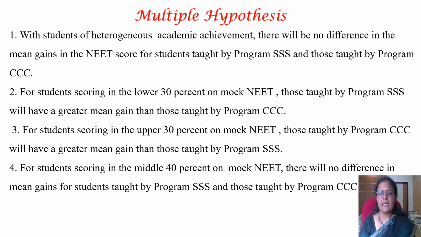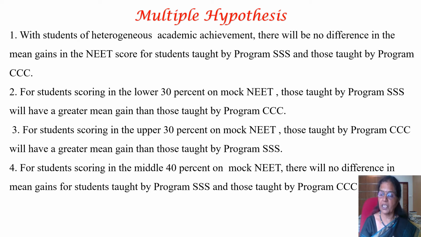And what will be the second hypothesis? See, for students scoring in the lower 30% on the mock NET, those taught by program SSS will have a greater mean gain than those taught by program CCC. So the lower 30%, so they are conducting a mock NET test before starting the study and after the study. What is before study?